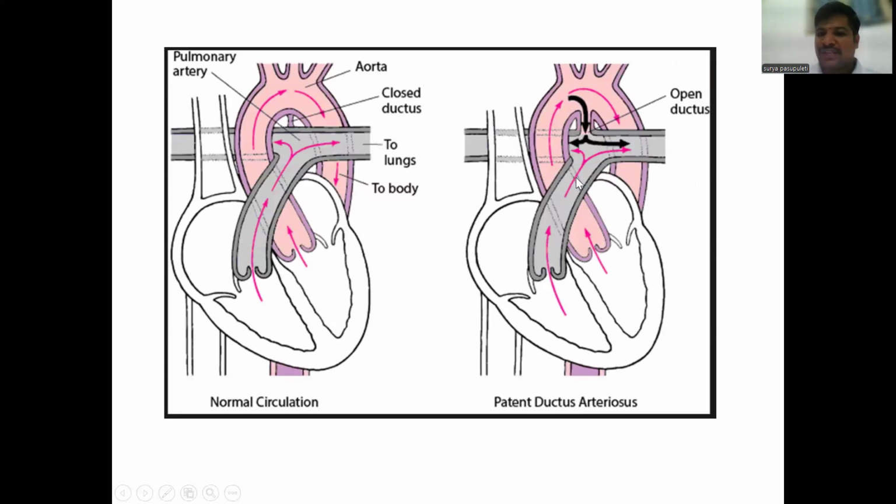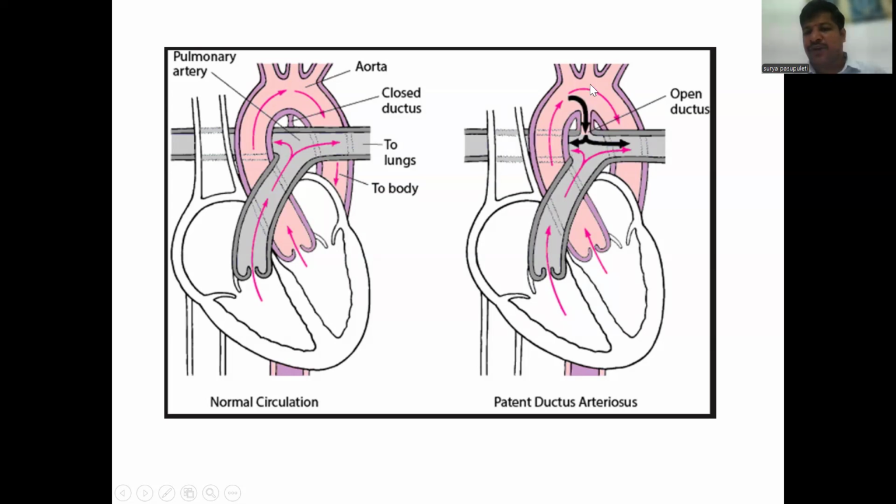We know the patent ductus arteriosus is the connection between the arch of the aorta and the pulmonary trunk. Earlier, as the pulmonary resistance is more, the blood from the pulmonary trunk moves into the aorta, right? But now after birth, in the systemic circulation, the pressure inside the aorta is more compared to the pulmonary trunk.